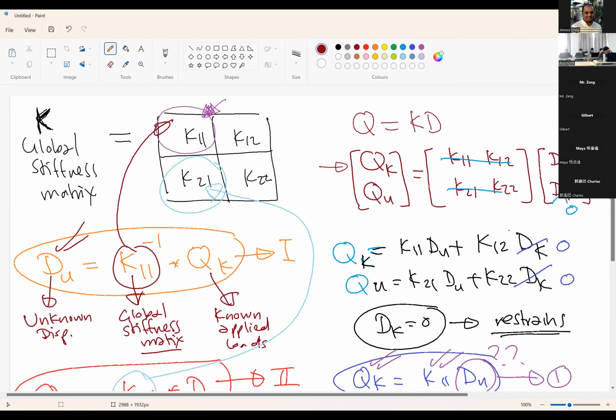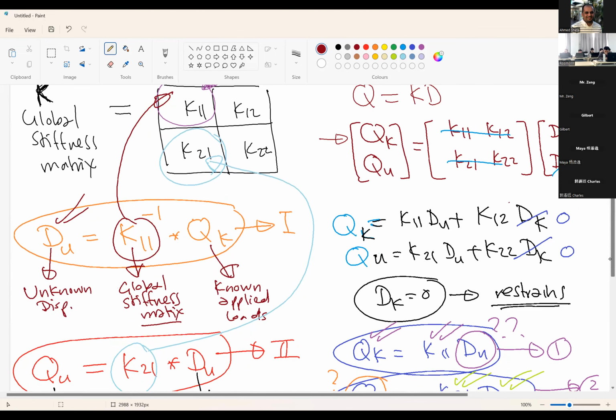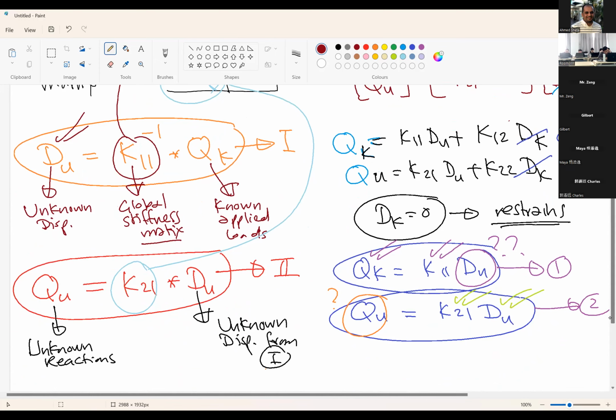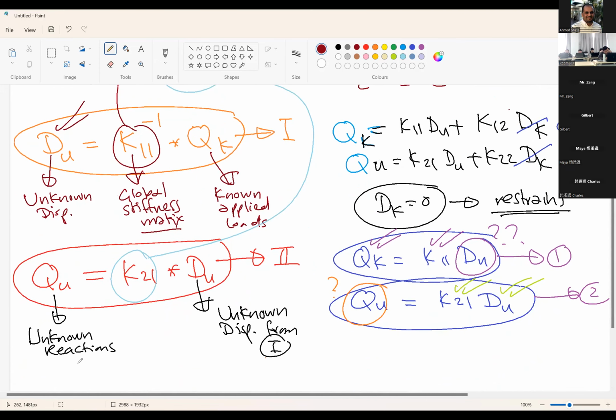So this is the importance of the global stiffness matrix. After subdividing the global stiffness matrix, we will need K11 and K21. Using K11, we get the unknown displacement. And using the unknown displacement, in the next step, we can find the unknown reaction.